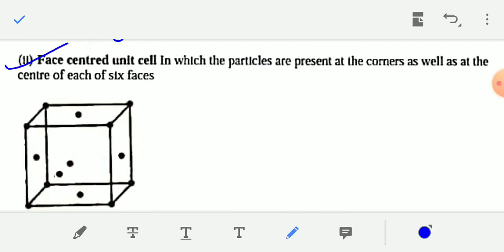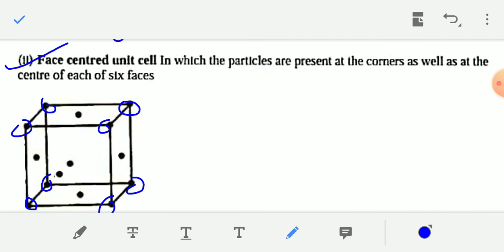Second one is face centered unit cell. In the case of face centered unit cell, there are 8 particles at the 8 corners of the unit cell, as well as one at the center of each of the 6 faces.